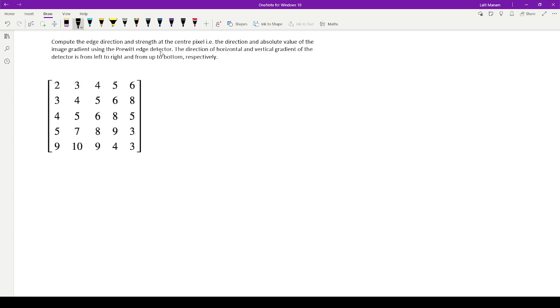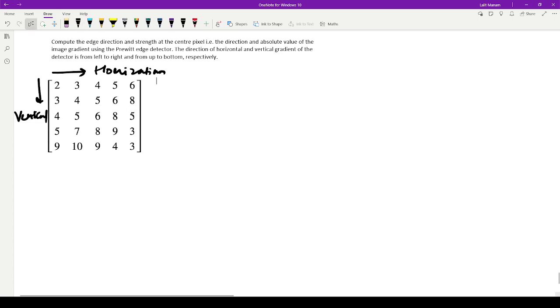Compute the edge direction and strength of the central pixel, that is, the direction and absolute value of the image gradient using Prewitt edge detection. The directions of horizontal and vertical gradients are from left to right and from top to bottom. So this is horizontal, left to right, and this is top to bottom, which is vertical. I think this is clearer than using X and Y direction.